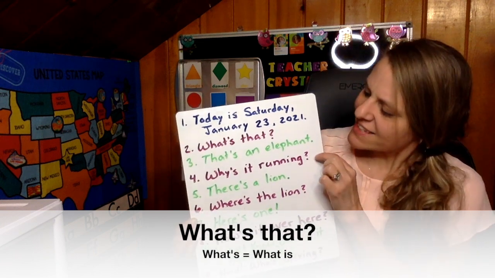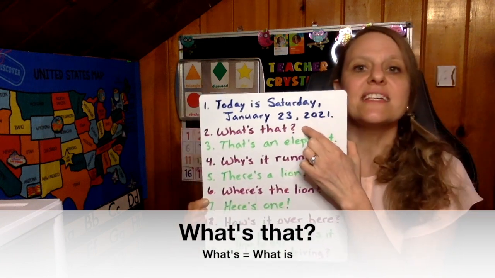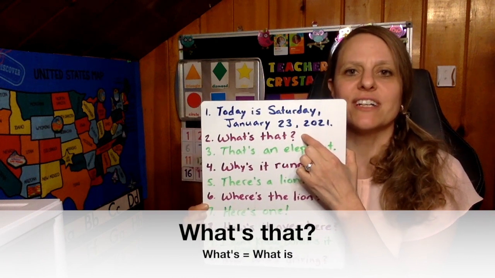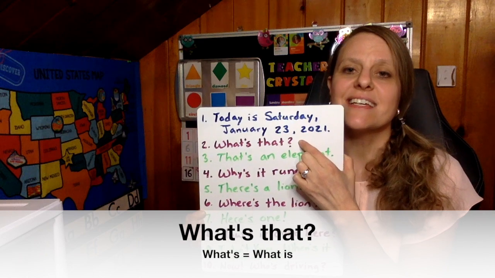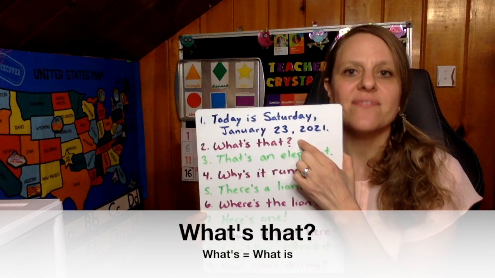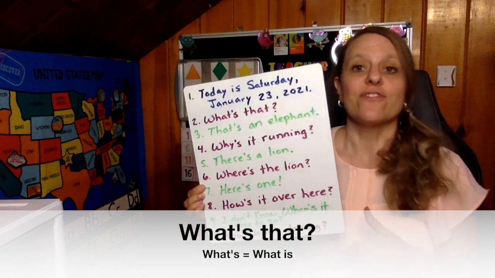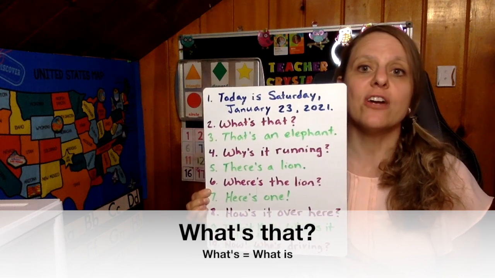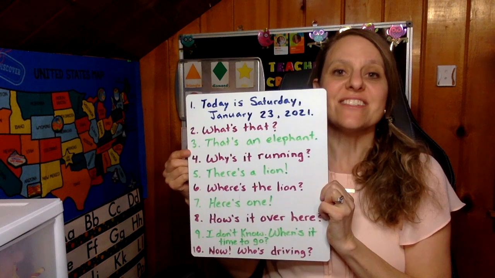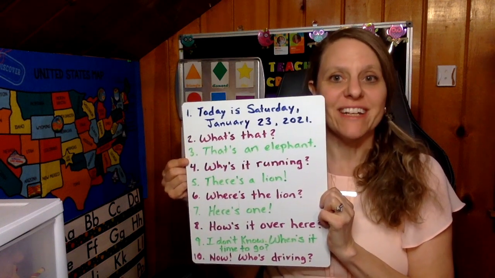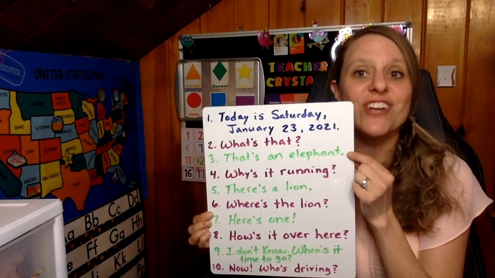Number 2, what's that? This is an asking sentence. It ends in a question mark. What's that? Remember, what's stands for what is, and that is for an object or person who is far away. The answer is in number 3, and we use the contraction for that.